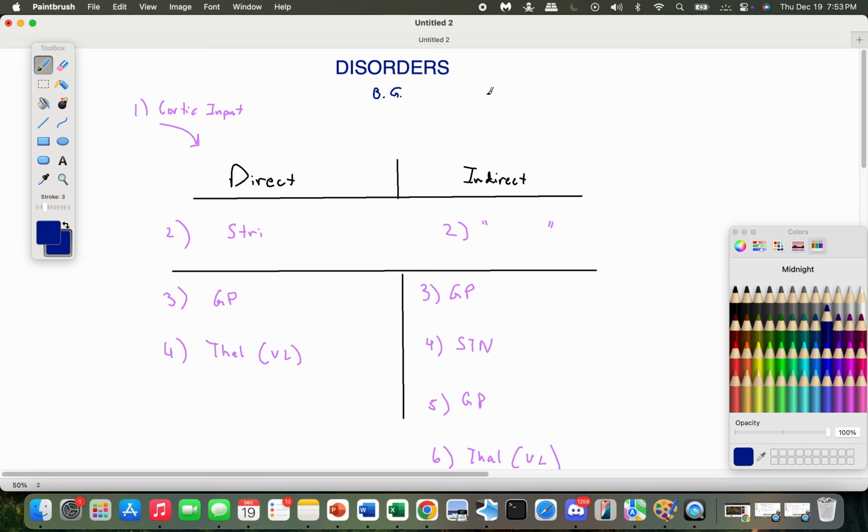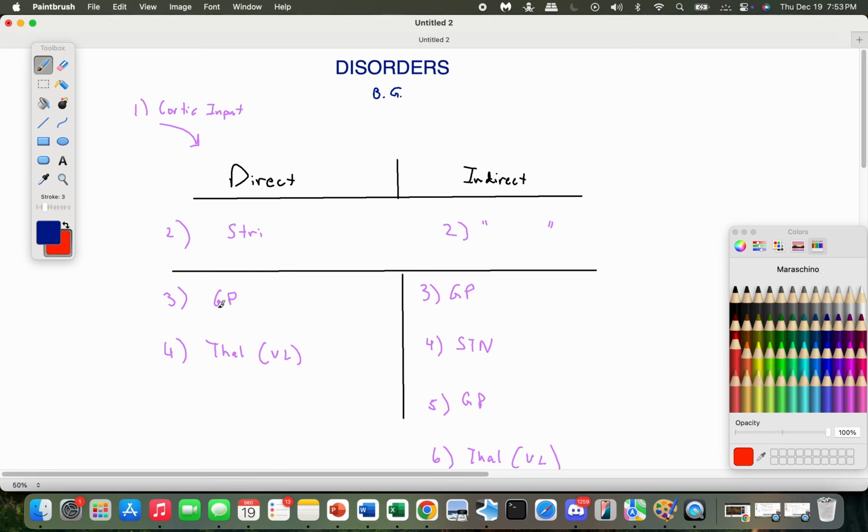I will go through what the presentation of all of these three are, but I also wanted to include this smaller version of the indirect and direct pathways, because I think it will make a lot of sense as to why the presentations present the way they do if you know how it relates to the pathways.